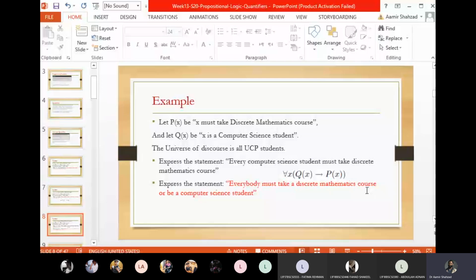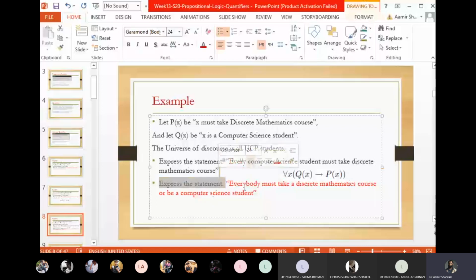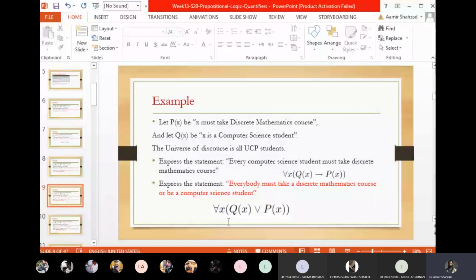So it's p of x, or he must be a computer science student, so or he must be q of x. So the statement is going to be for all x, all students, everybody, q of x, he must be a computer science student, or p of x, or he must take the discrete math course. This is just a mathematical representation of this statement.